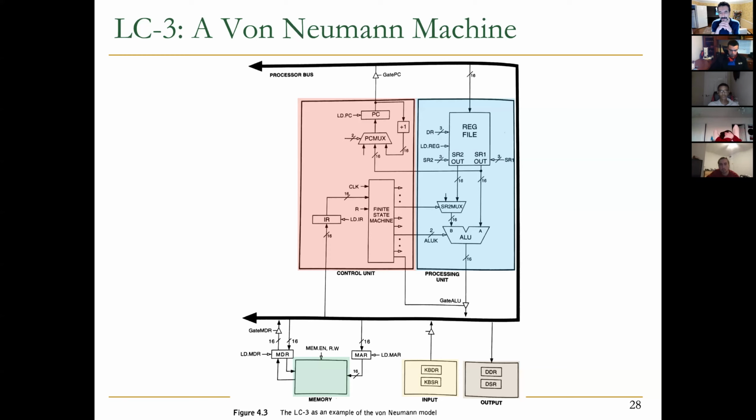Processing unit, ALU, you see on the right-hand side. So these are a bunch of different circuits which are connected together in an orchestrated way according to the von Neumann model in order to implement a computer.